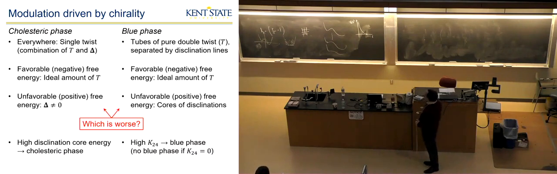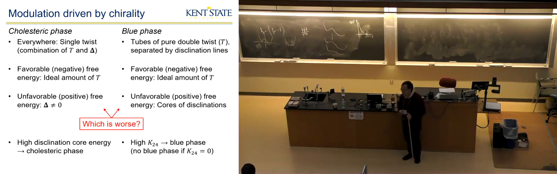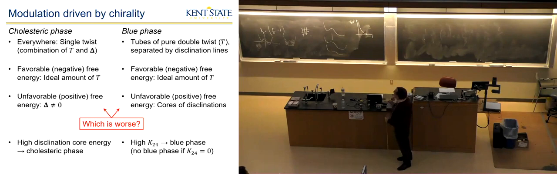So, if you're a chiral liquid crystal, which will you do? Should you make a cholesteric phase or a blue phase? These are both perfectly reasonable things for a chiral liquid crystal to make. If you make a cholesteric phase, you get single twist everywhere. So it's a combination of twist and delta.